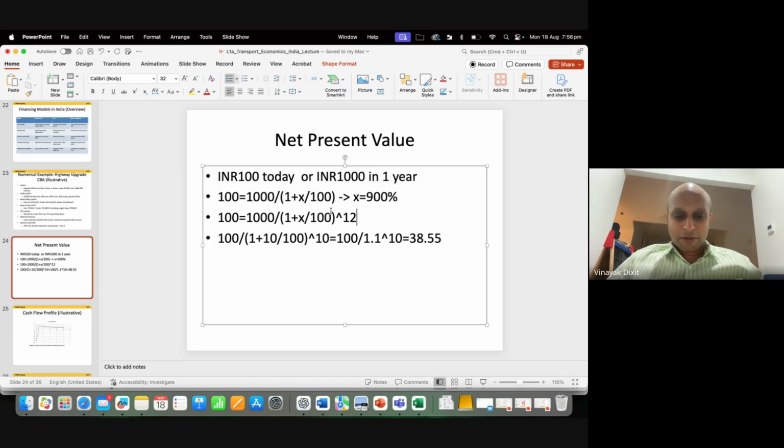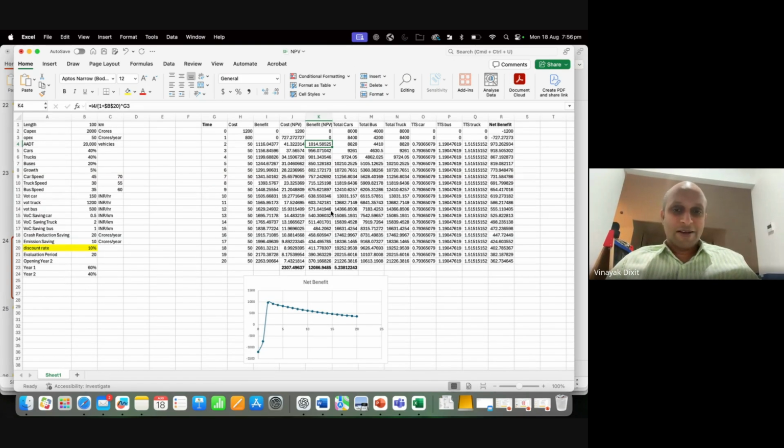It'll be a different number which you'll get, the monthly discount rate. I'll leave it up to you to calculate. I'm using my phone, so my eyes are not able to get there.